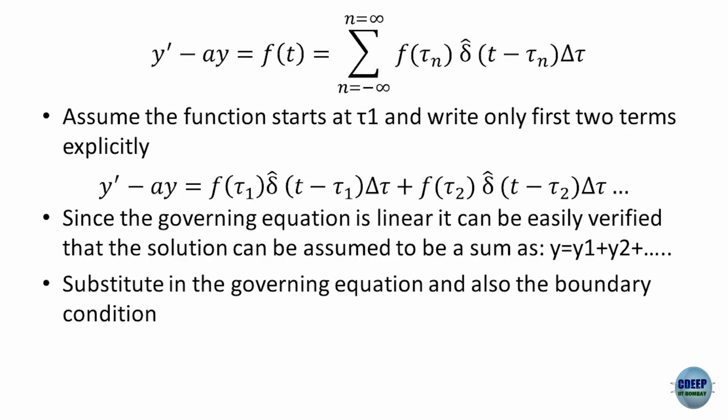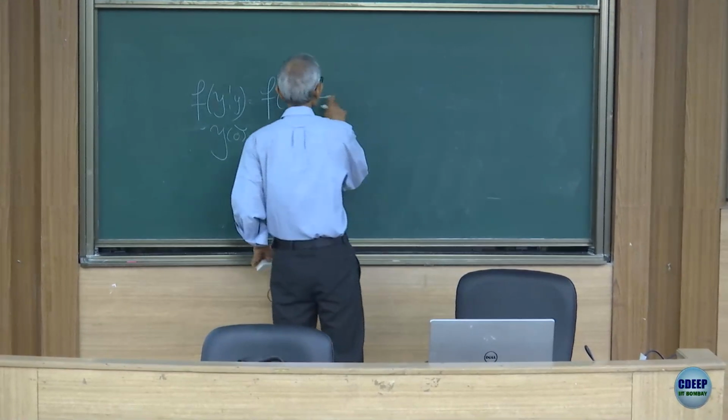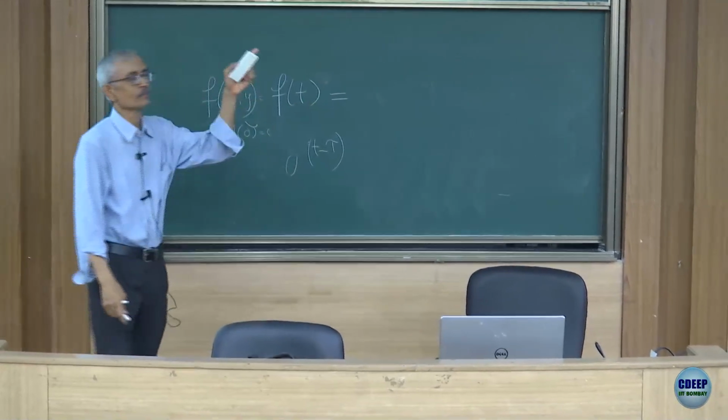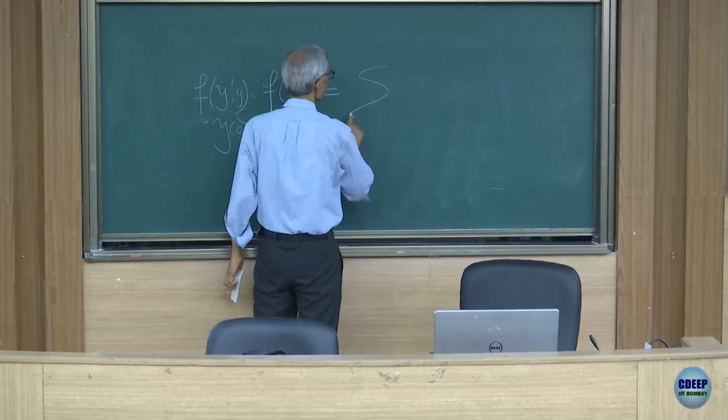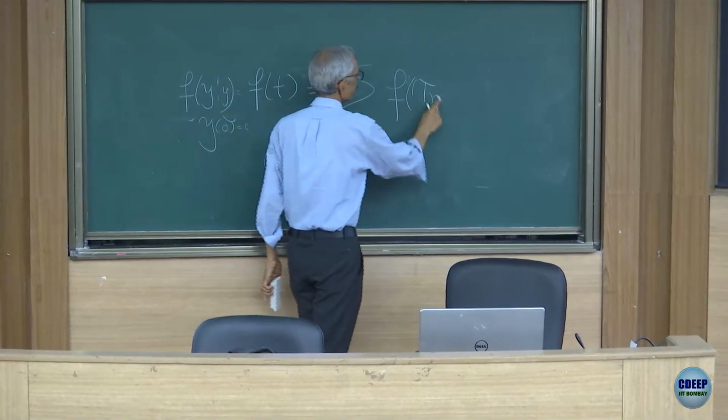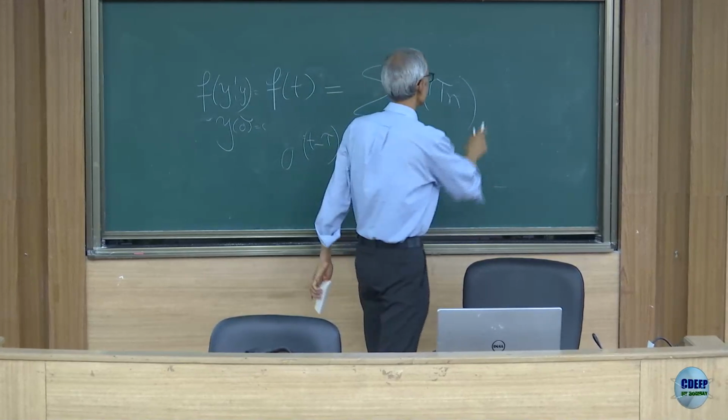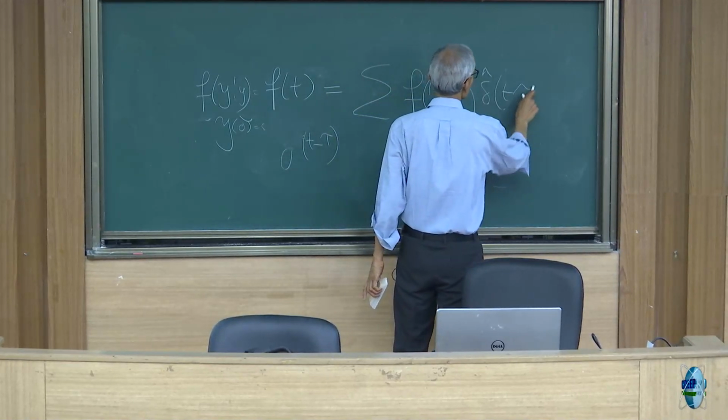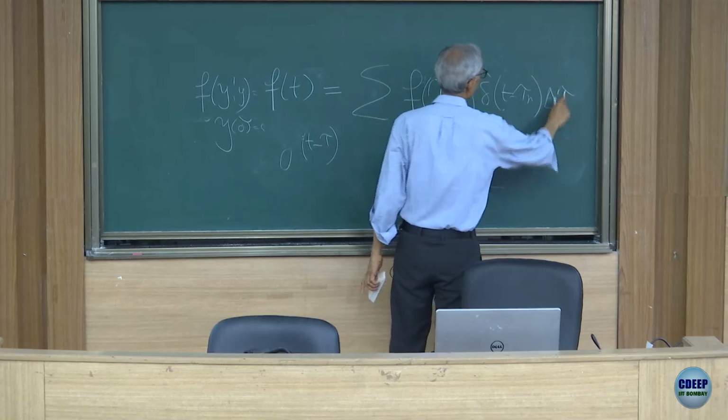Okay. All right. So what we therefore said was that I've got now f of this guy here was equal to a functional representation, and this representation is going to be now equal to summation of f of tau n, where tau n is some kind of a dummy variable, delta hat t minus tau, and then delta tau.